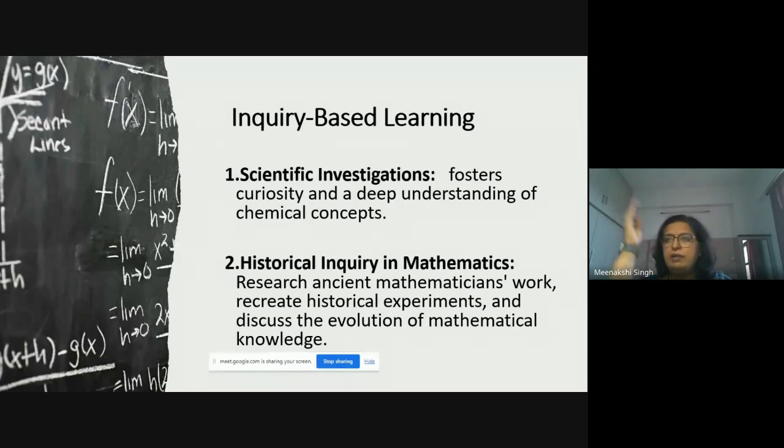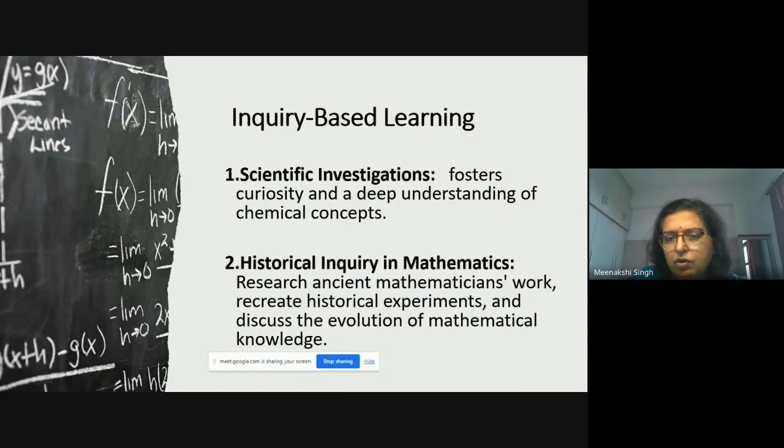Now, just imagine a lecture about, I think there are more than 50 mathematicians historically whom we can talk about, who have made contributions to the modern mathematics today. And which method of teaching is good, number one, and number two, whether you are convinced that that should be done, whether there is a need to go there.